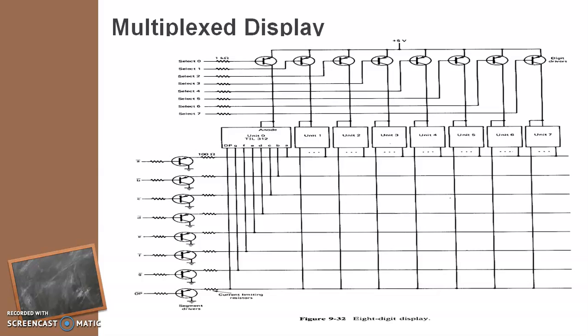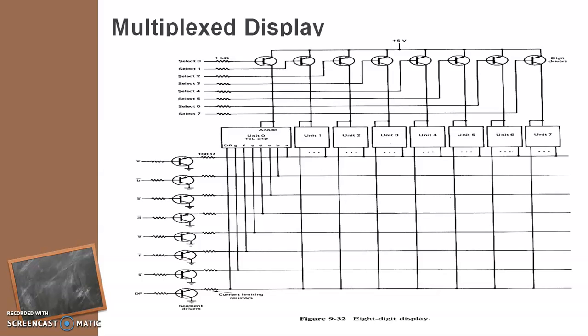After that it will be turned off, the next one will glow, then it will be turned off, the next one will glow, and like that it repeats. After reaching the last display, you come back to the first, and this process is repeated, which we call refreshing of the display.